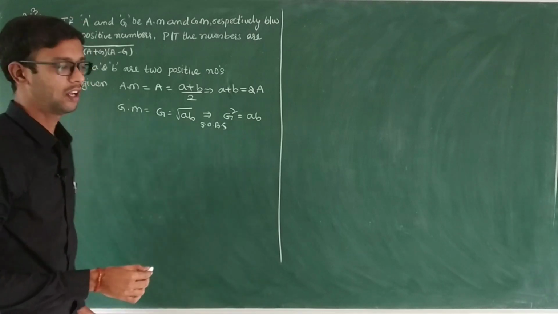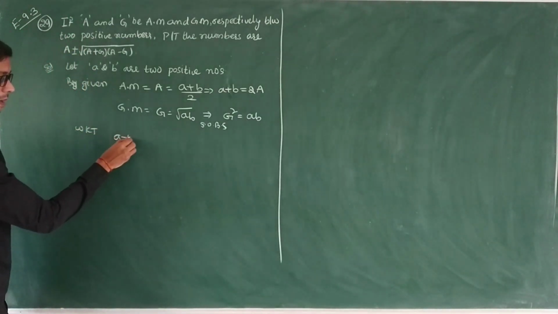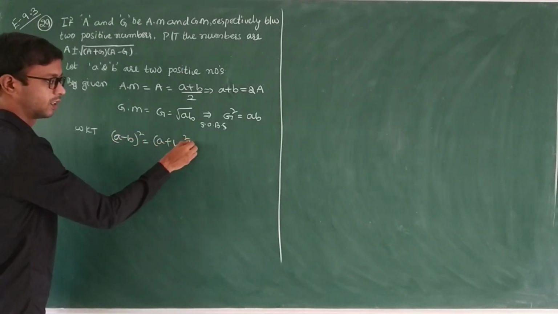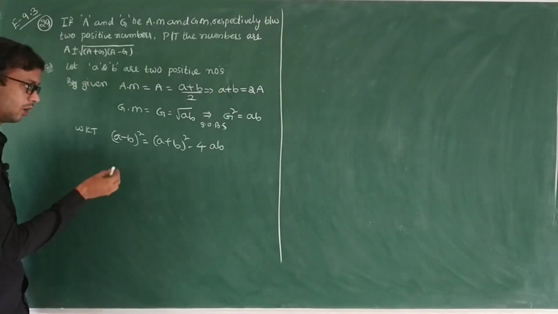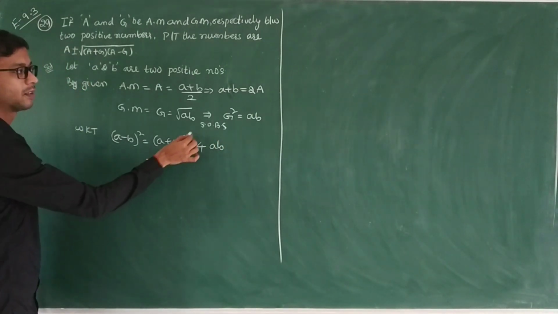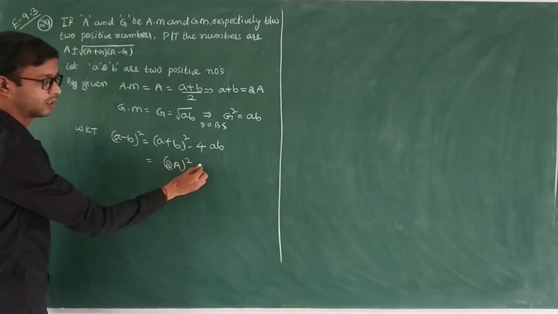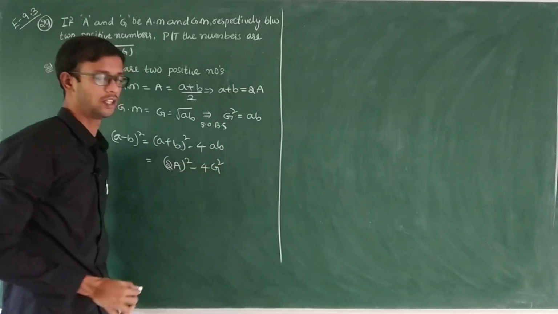So we have to do the problem in a similar way, same as the previous problem. a minus b whole square is equal to a plus b whole square minus 4ab. So a plus b whole square, a plus b means 2A whole square, minus 4ab. ab is G square.